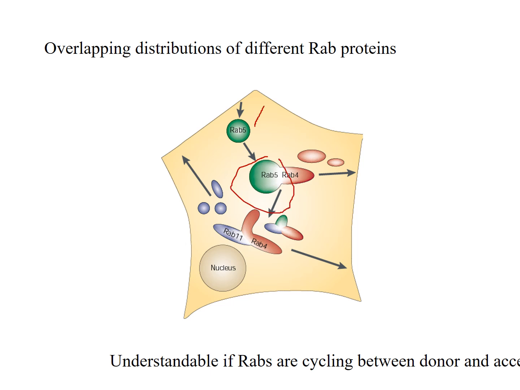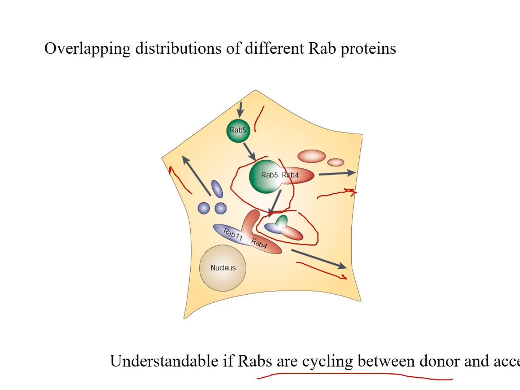So here's RAB5 for endo. RAB4 is exo. Okay. RAB11 is in the late, and it moves vesicles out, or RAB4 can move vesicles out. So it's a super kind of a later endosomal complex here.